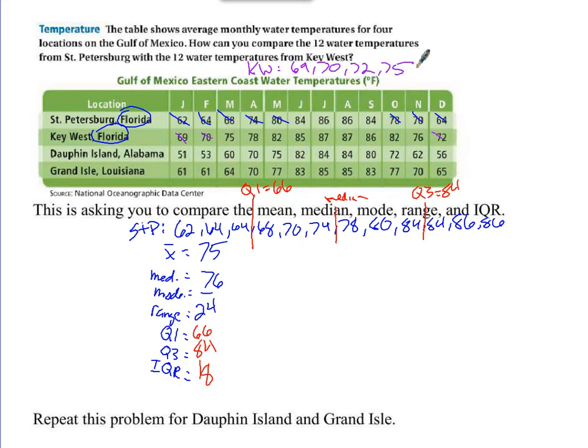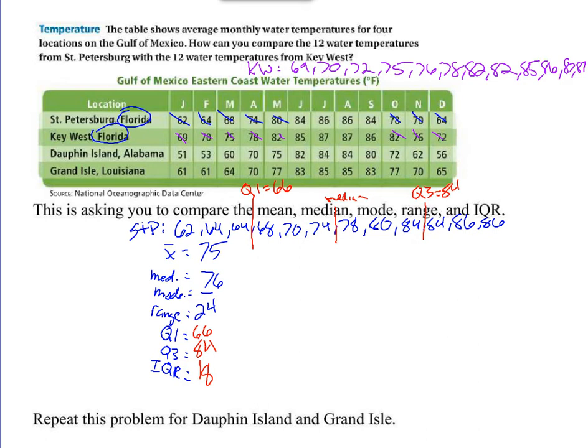Next one's 75. Okay. 82, 82. 85, 86, 87, 87. All right. So now they're in order.